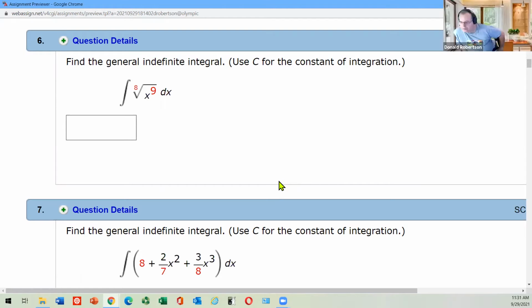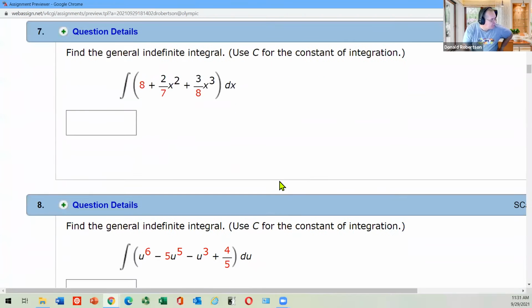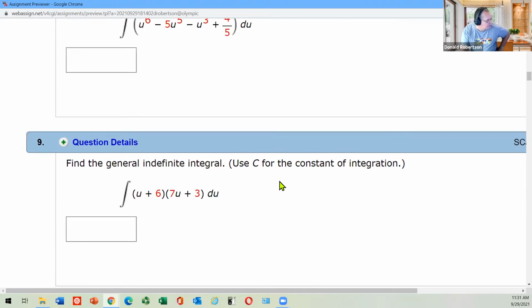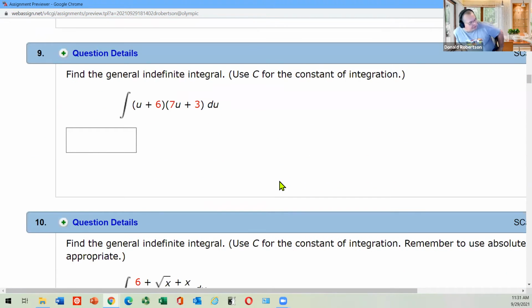Right, and it would be a really ugly fraction, but it's a power rule. Would you agree that's just a power rule with the coefficients of 2 7s and 3s, right? So just ugly numbers to work with. Wouldn't you agree that's a nice baby question? Power rule without really anything that weird going on. Okay, don't need the answer. What would you do in question 9?